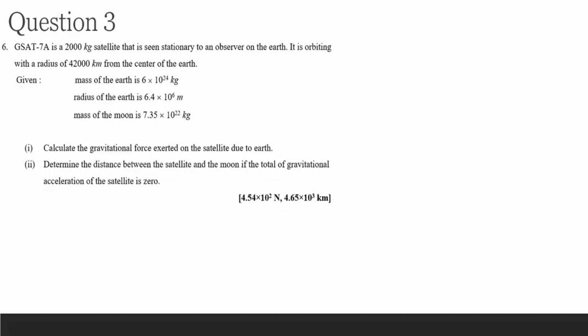You are given mass of the Earth, radius of the Earth, mass of the Moon, and using those values, calculate the gravitational force exerted on the satellite due to the Earth. Okay. Then number 2, determine the distance between satellite and the Moon if the total of gravitational acceleration of the satellite is 0.